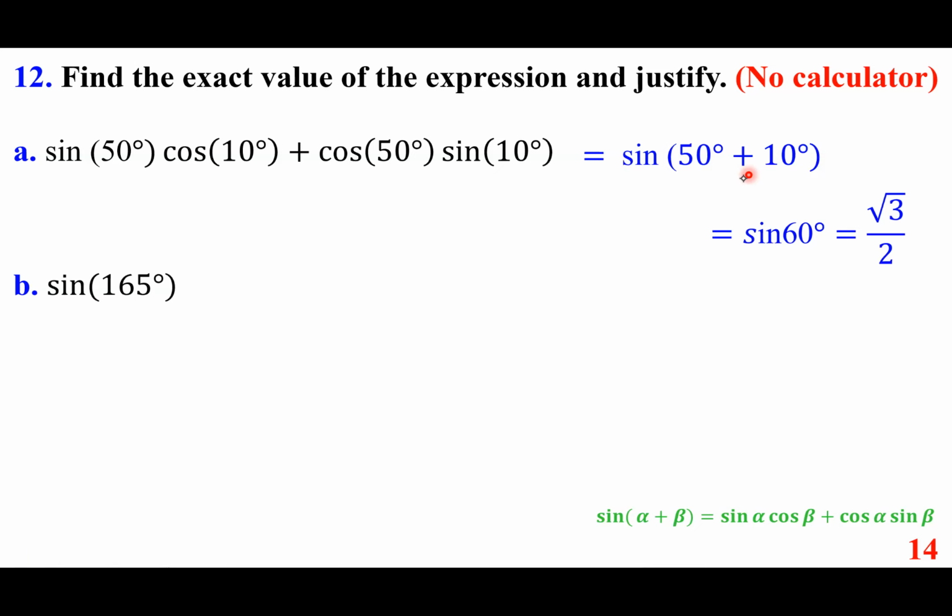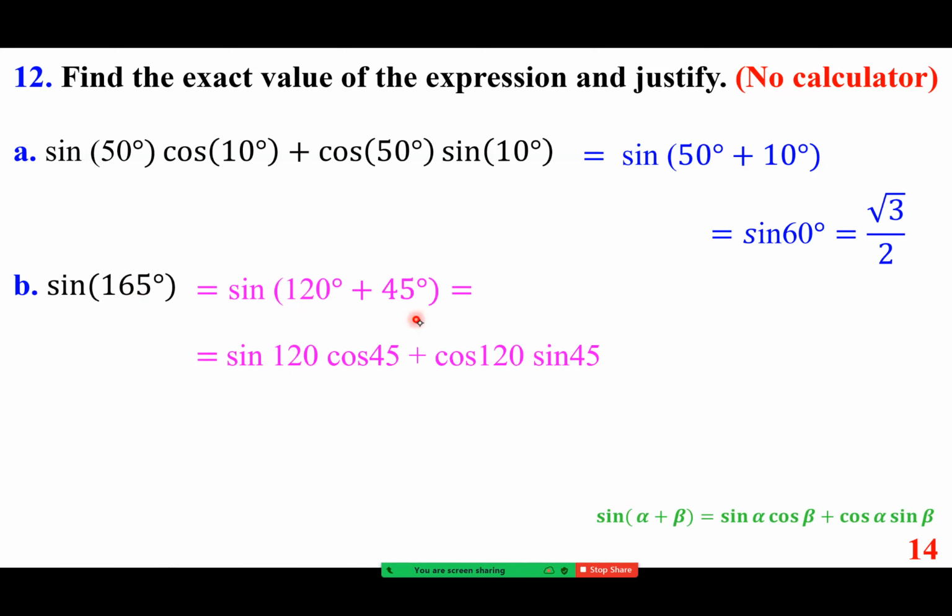Sine of 165 degrees. This is the sum of 120 and 45 degrees, both of which are common arcs. And we develop this: sine alpha cosine beta, sine of 120 cosine of 45, plus cosine of 120 sine of 45.